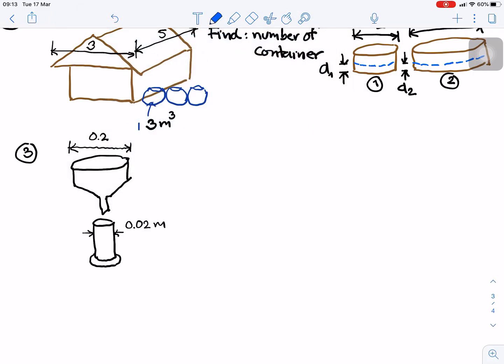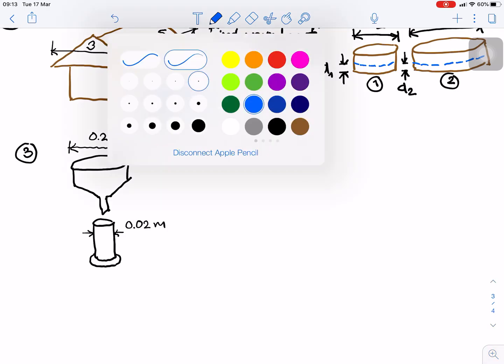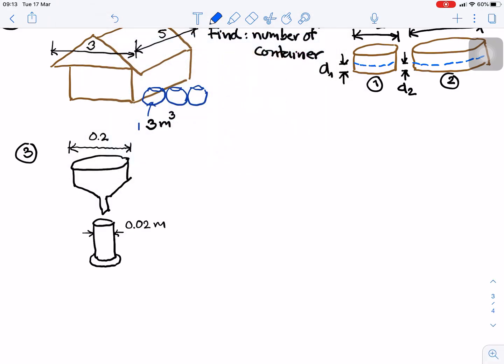It collects the rainfall, just 2 millimeters. So what is D3 in the cylinder?